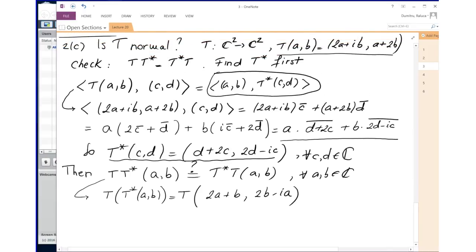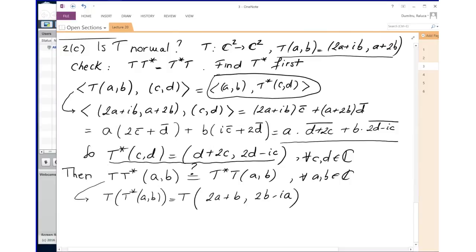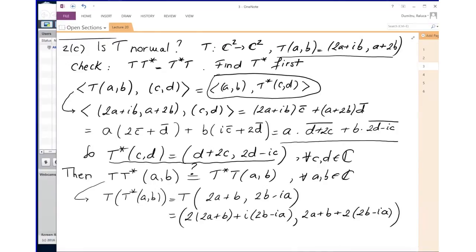All right, and what is T of this? What was T doing? T is twice the first entry plus I times the second entry, comma, first entry plus twice the second entry. That was the formula for T all the way up in the corner.